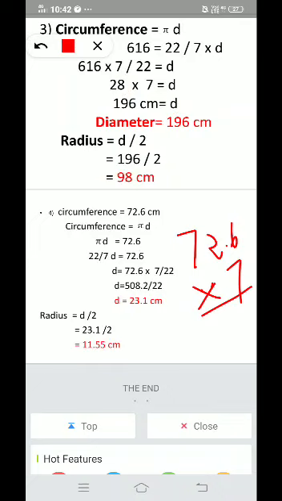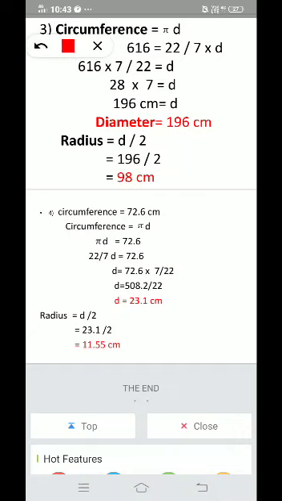Whatever answer you are getting, you have to divide that answer by 22. If you divide that number by 22, then you are getting 23.1 centimeter. Diameter is 23.1 centimeter.